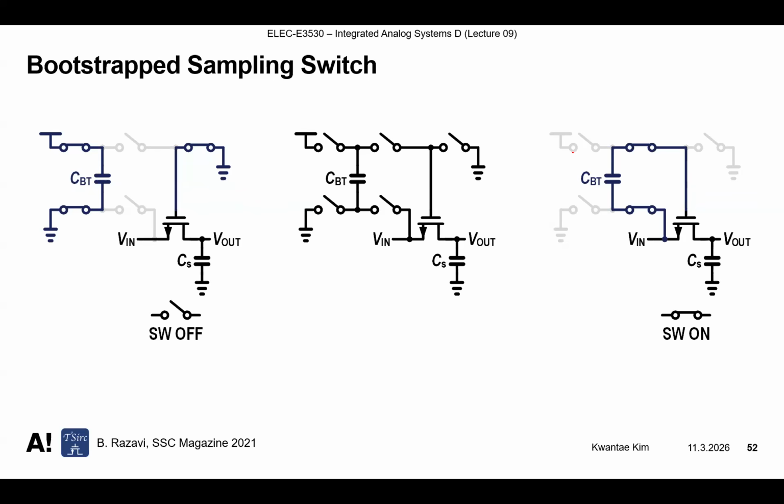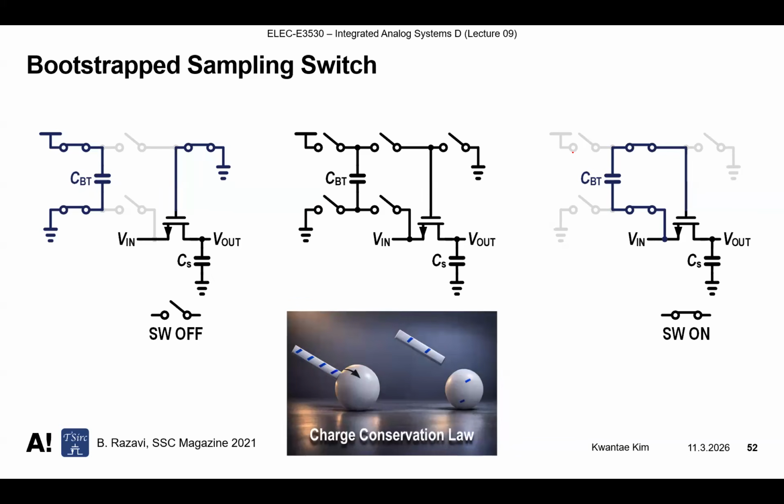And it was previously connected to ground here. Now we connect the bottom plate to V in. Then, if we assume that the voltage difference across this capacitor is constant, VDD is provided from the bottom plate to the top plate, and V in plus VDD is provided at the gate. This is part of the charge conservation law you have seen in the previous lecture about switched capacitor filters. The charge conservation law is that Q equals CV.